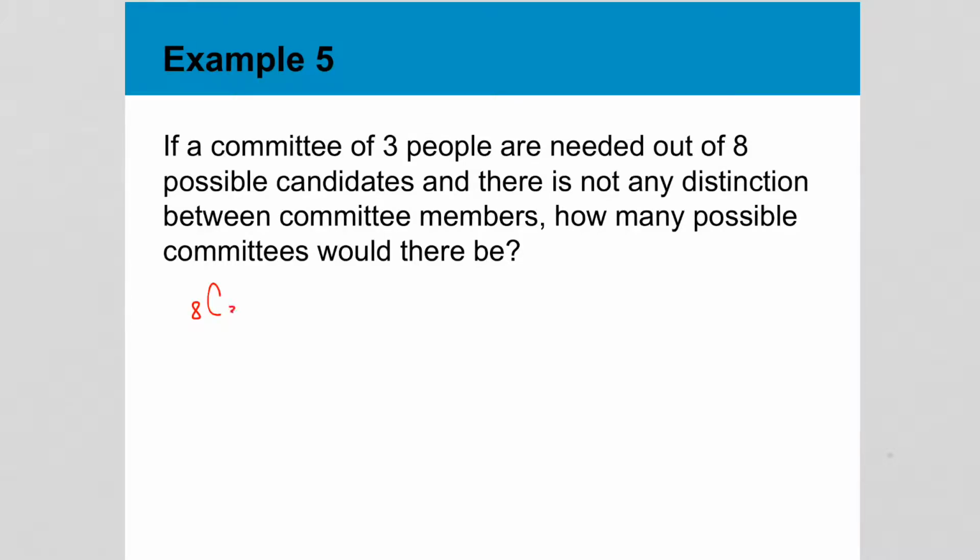Well, out of 8, we need 3. So that's 8 factorial over 8 minus 3 factorial times 3 factorial, or 8 factorial over 5 factorial times 3 factorial.